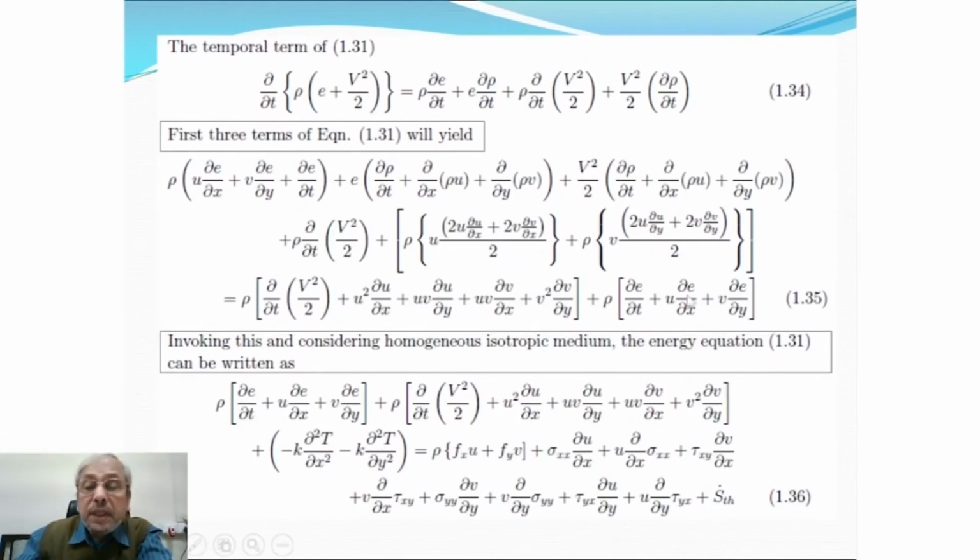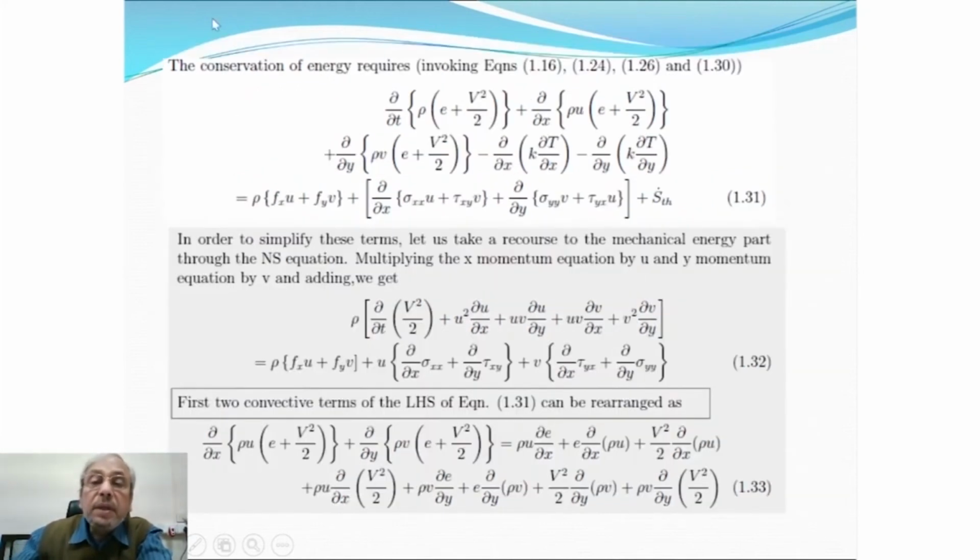Now together with this, if we add the diffusive transport term and the right hand side, again let us have a look. These are the first three terms, then the diffusive components, and then the entire right hand side.